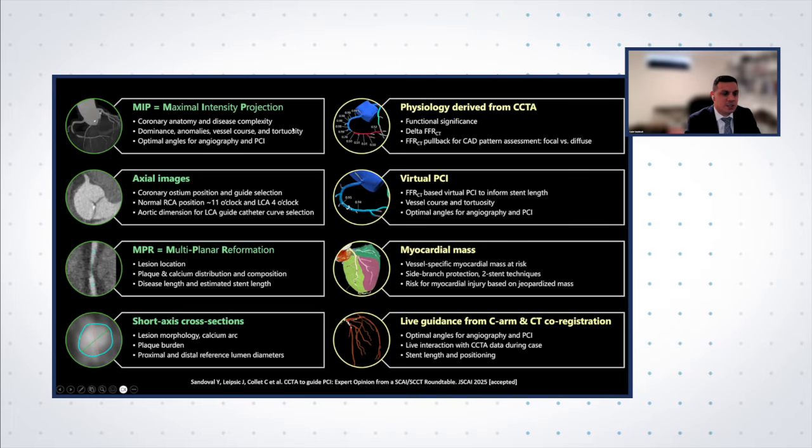This is an image that, and Jonathan and Koen can elaborate on this further, had usually not been used by imagers in routine day-to-day practice because it under- or overestimates the extent of coronary artery disease. But for PCI planning, as you can see, you do not have to be an expert to understand the anatomy and its complexity. Is there calcium? Is there no calcium? What are the optimal angles?